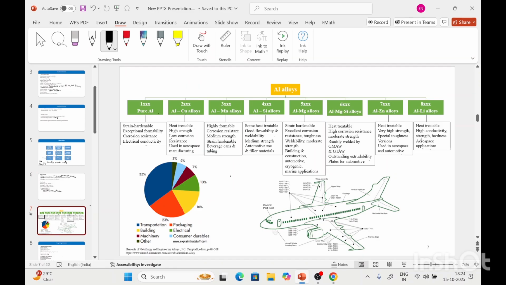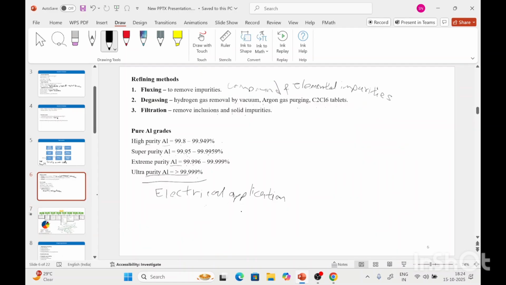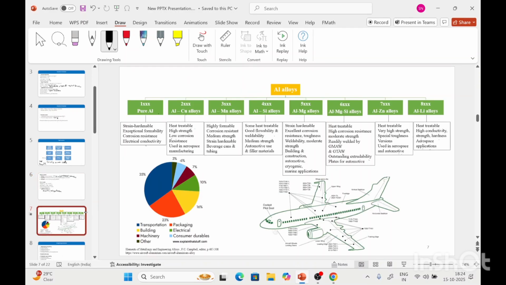Then further we will discuss the different types of aluminum alloys. So this is the pure aluminum case, and if we add different types of alloying elements to the aluminum, that will result in eight types of aluminum alloys. So depending on the alloying element, different series are formed.